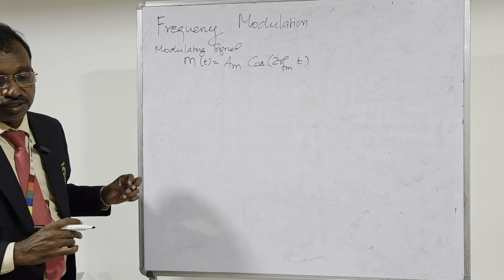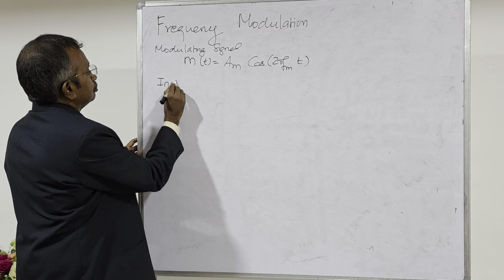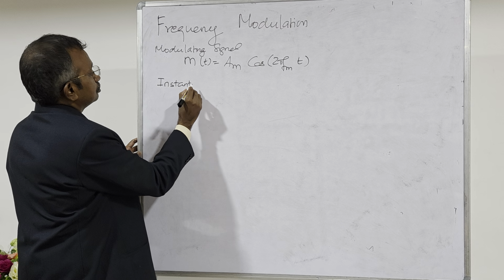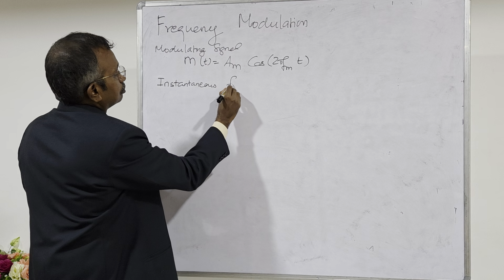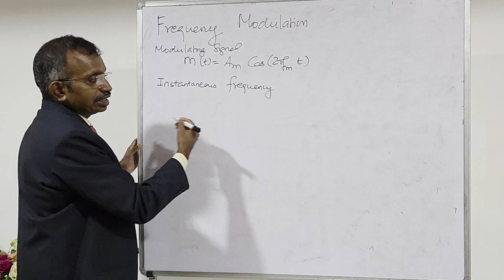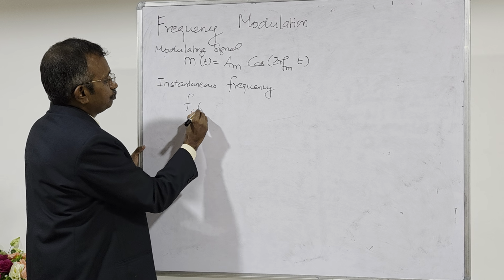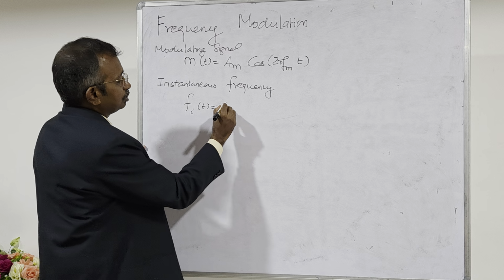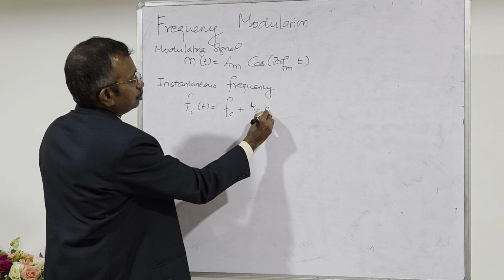Then the instantaneous frequency. I have given in the previous slide, Fi of t is equal to Fc plus Kf into m of t.